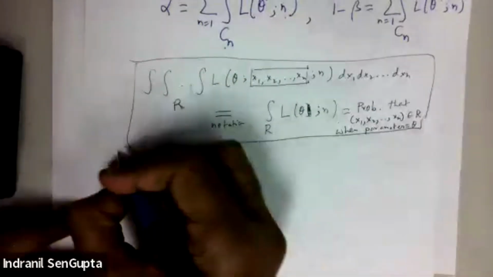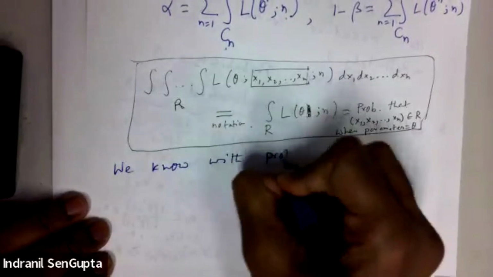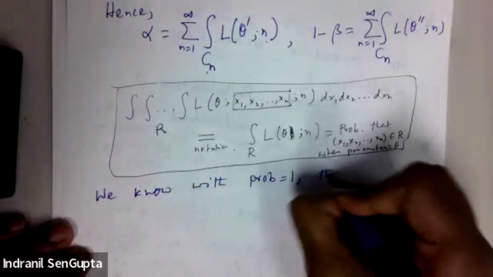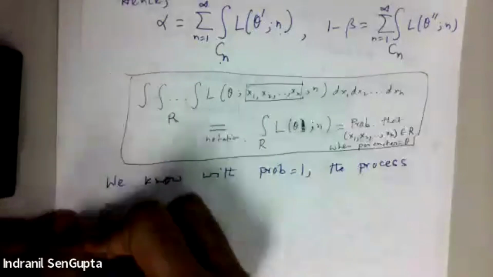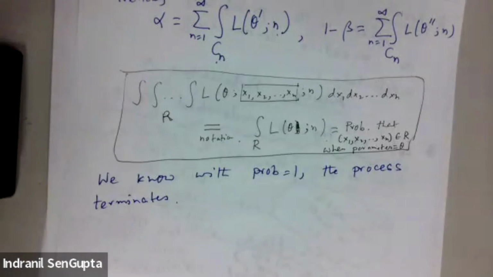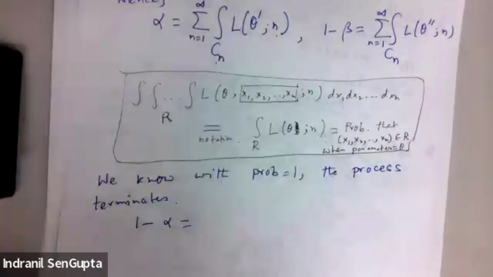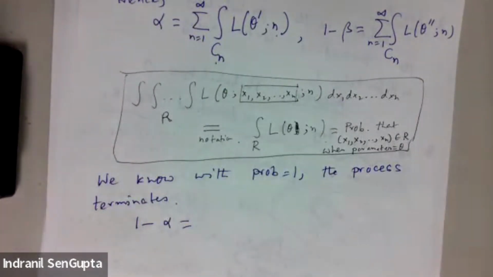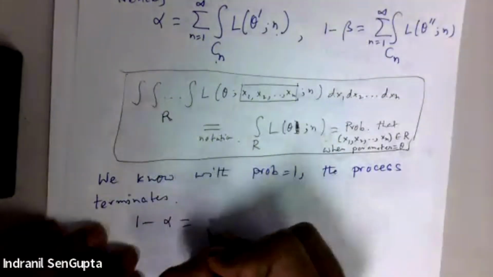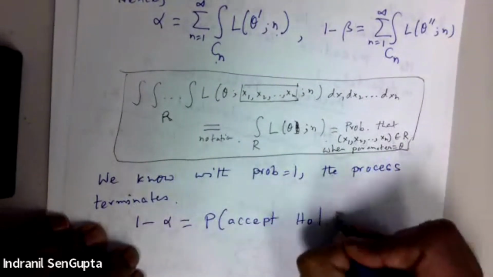Now also we know that with probability equal to 1, the process terminates. So either H0 is true or H1 is true for sure. What is 1 minus alpha? This is the probability of accepting H0 when H0 is true.